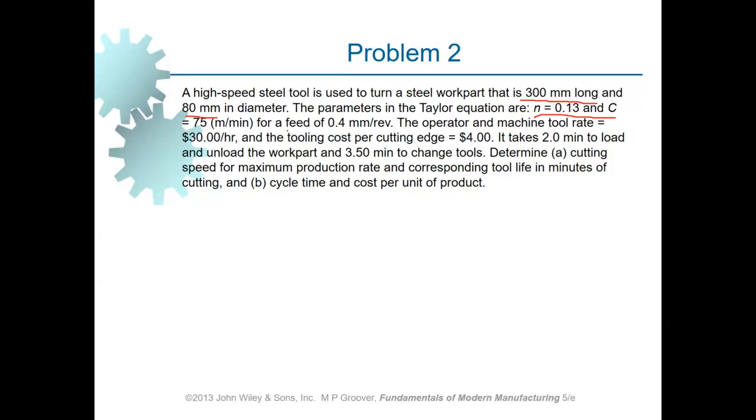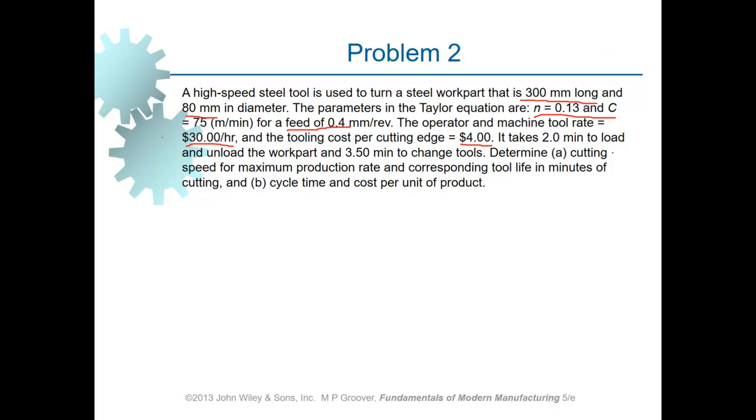If we make use of a feed of 0.4 mm per revolution, feed F is given, and then the operator is receiving a wage of $30 per hour. The operator is receiving this wage in order to perform the machining. This is equal to CO. CO is also given. Tooling cost per cutting edge is given: for each cutting edge, we are paying $4.